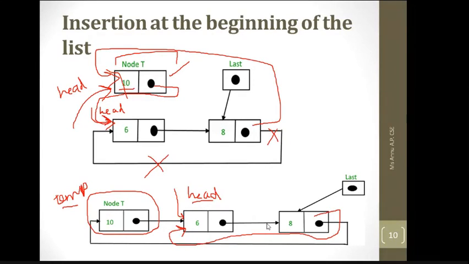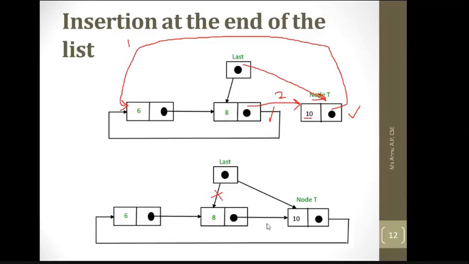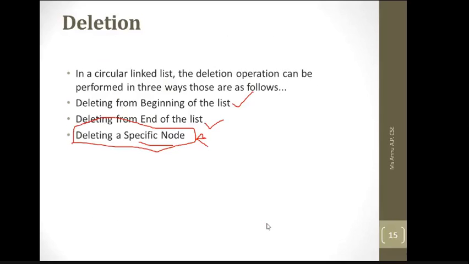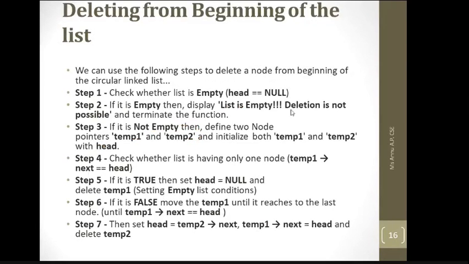Okay class. So again, for deletion, you are updating only 2 pointers, and you can see the complete procedure here. One important thing is that when you are performing deletion, you need to check the underflow situation, whether the linked list is empty, because if the list is empty, you cannot delete further.